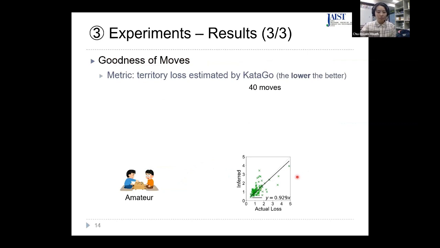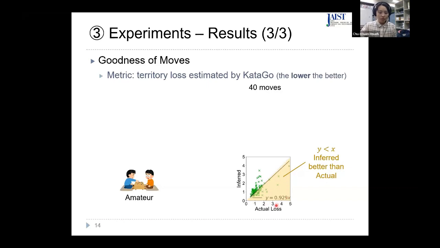We plot the actual sequences' loss on the x-axis and the inferred ones on the y-axis. But this time we look at the area where y is lower than x. In this case, this means the inferred sequence has lower loss than the actual sequence, so the inferred sequence was better. And we also calculate the regression lines.